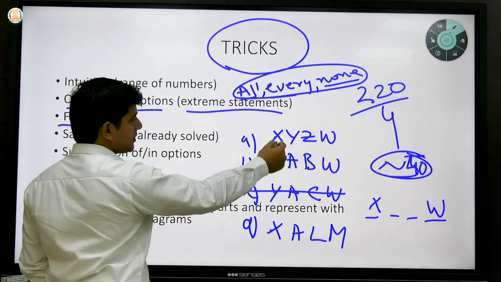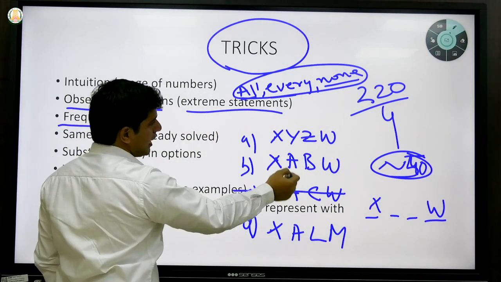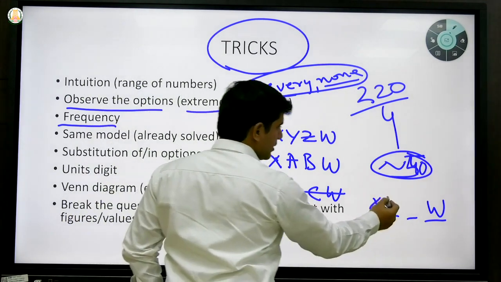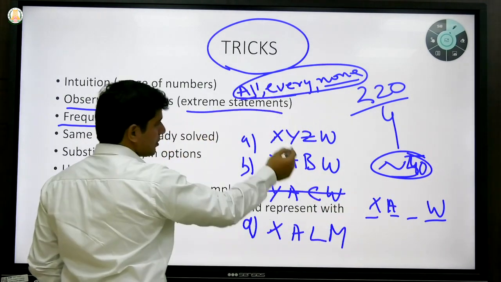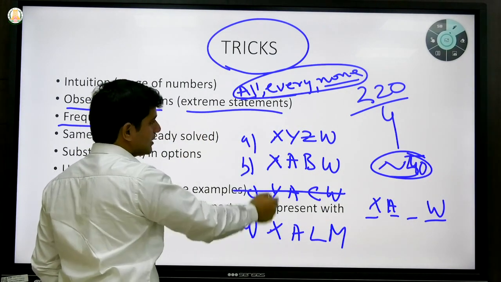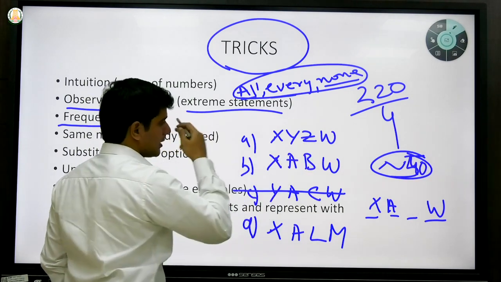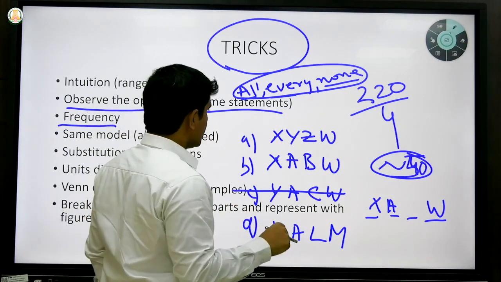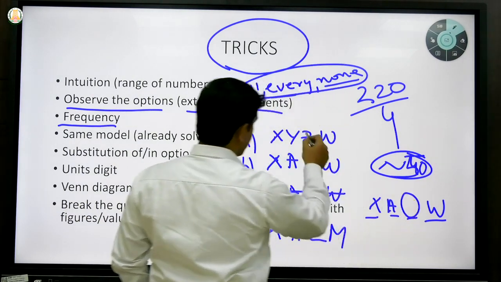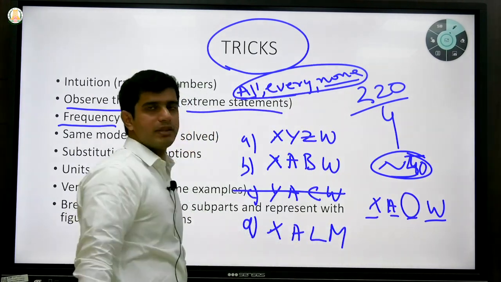If you see the second position, it says A and Y. So maybe the second position would be A, because A is repeating thrice. In the first position X is repeating thrice, here W is repeating thrice. Now in the third position I can see Z, B, C, L, there is no pattern here.